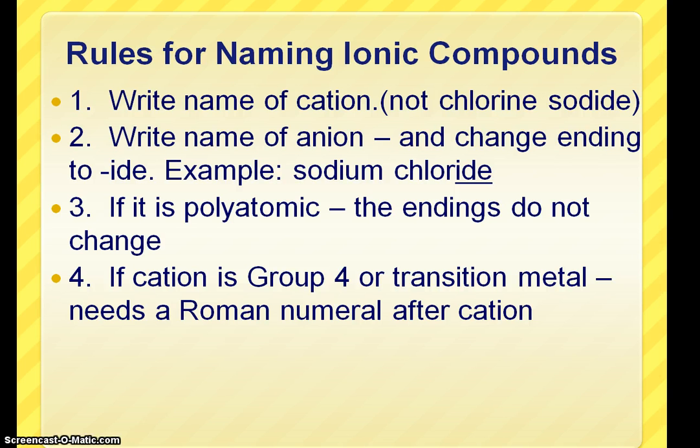You've been taking some polyatomic ion quizzes, and so we've been doing that so that you recognize these names whenever you see them. Okay, and then if your cation is a group 4 or transition metal, you gotta put the charge as a Roman numeral, because remember, these can have a lot of different charges, so we want to make sure that people know what we're talking about.